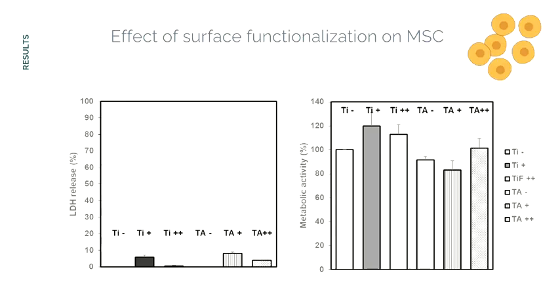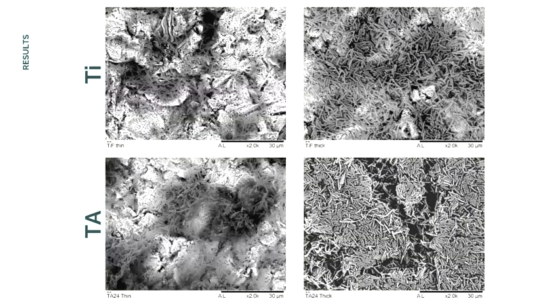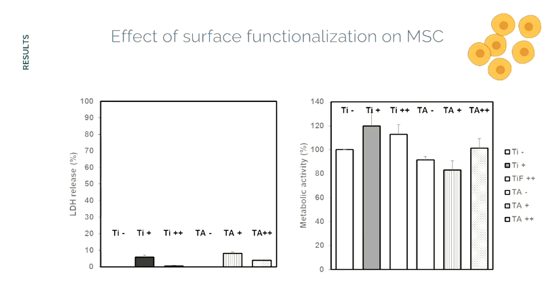The next step was to study how human cells interact with this kind of modifications. So what we did first, we cultured mesenchymal stem cells on our modified surfaces, and we wanted to check whether the surface is toxic for human cells and whether the cells are able to survive within 24 hours.